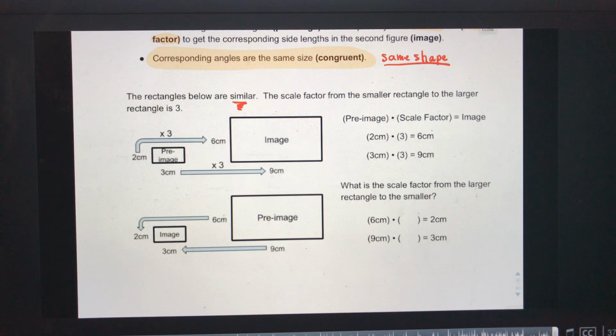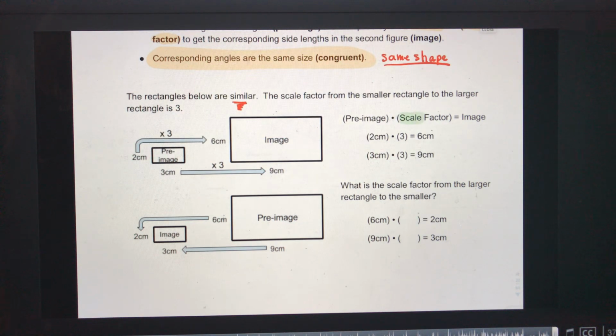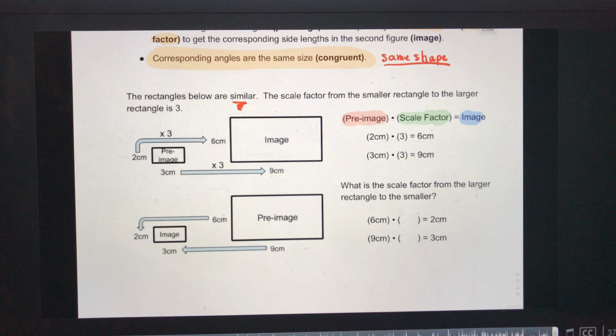The pre-image times the scale factor will equal the image. I'm trying to highlight all my scale factors in green. My pre-image times my scale factor. Let's try and color coordinate a little bit. Here's my pre-image value, and here's my image value, which will be blue.